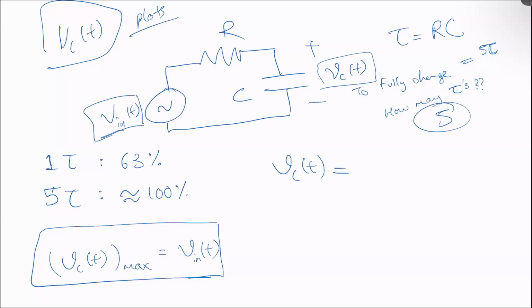Oh, sorry. VC of t equals V in of t times 1 minus e to the power of negative t by RC? Yes, that is correct.